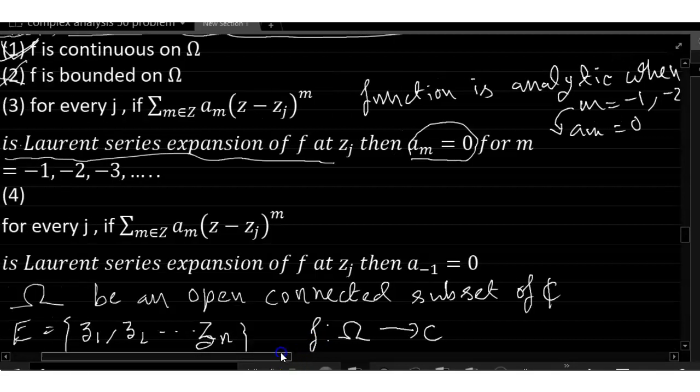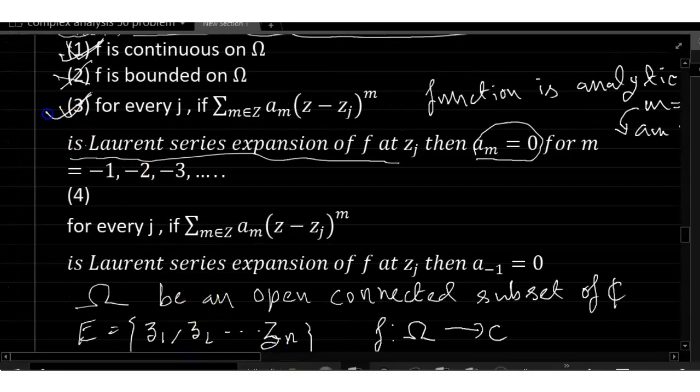So correct. Number 4, for every j, if m belongs to Z and a_m (z minus zj) to the power m is the Laurent series expansion at zj, then a_{-1} equals 0. So friends, a_{-1} equals 0. This does not mean a_{-2} equals 0. That's not equal to 0.